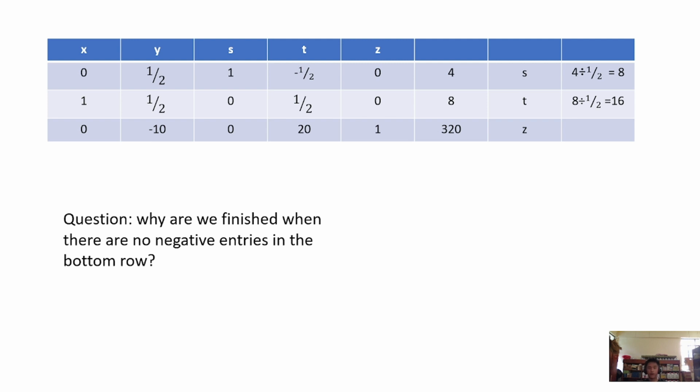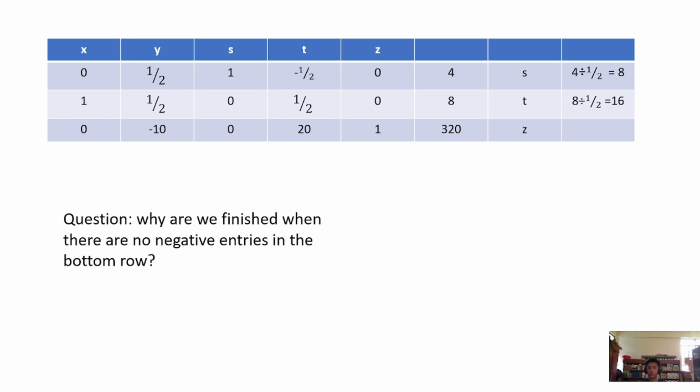So we now read our answer. We determine the basic solution associated with the final simplex tableau. Again, we look at the columns that have 1 and other entries zeros. Since the columns labeled s and t are not such columns, we arbitrarily choose s equals 0 and t equals 0 and get the matrix with x equals 4, y equals 8, and z equals 400.